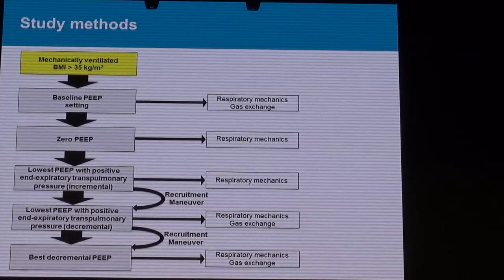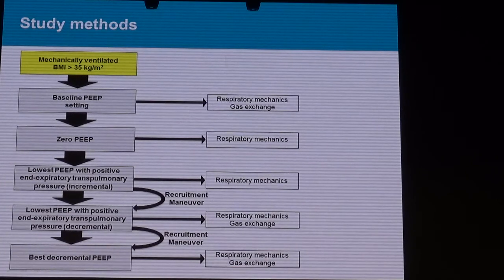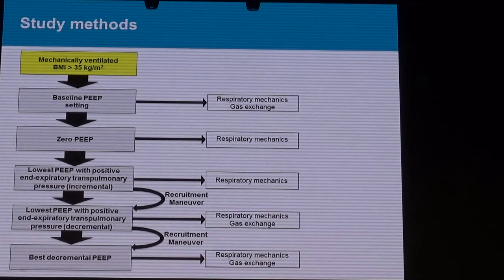We did another measurement after increasing PEEP to a transpulmonary pressure equal to 0, and the last part of the study was recruiting the lungs with a decremental PEEP titration, to validate which method was best to use in these patients.